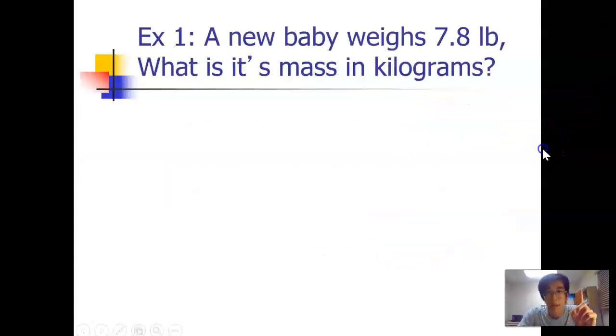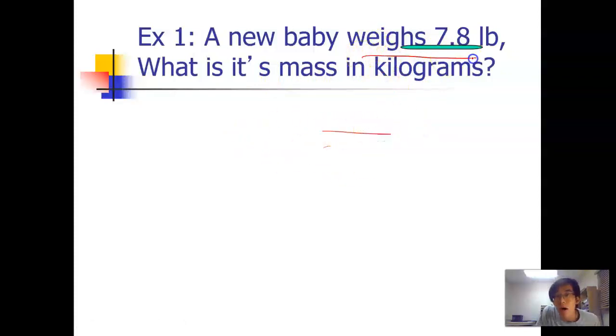Alright, so for example, a new baby weighs 7.8 pounds, and what is its mass in kilograms? So what I would do as I'm doing this problem is I'm first going to underline what I know, right? So I'm going to underline what I know.